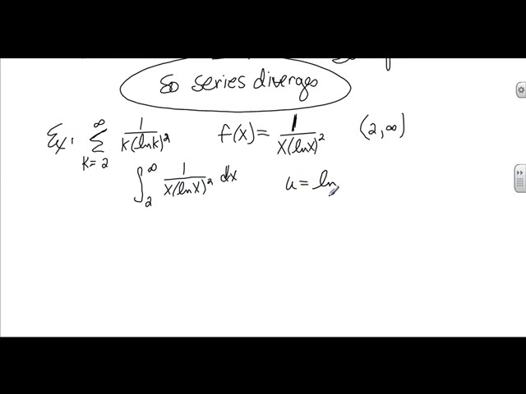To simplify my life just a little, let me change the upper limit to b. We're going to consider the limit as b approaches infinity of the integral of u to the minus 2 power du. I'm not going to change the limits, although I could.